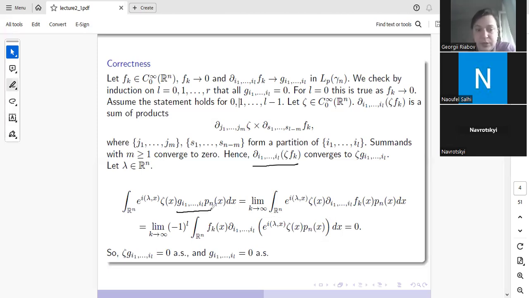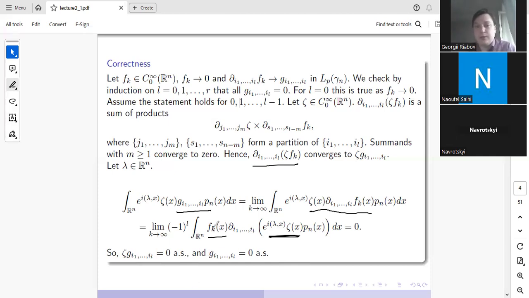So we write zeta times g as the limit of zeta times the partial derivatives of fk, and integrate by parts L times. Now what we get is the product of fk with a bounded function, because it has the multiple zeta. So the integrals will converge to 0, and we conclude that g times zeta is equal to 0 almost surely.